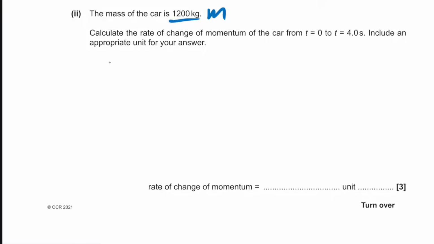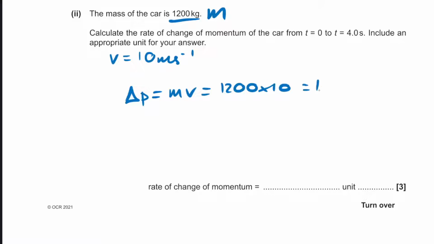Okay, so we know that the final speed was 10 meters per second. So we can just say change in momentum is equal to m delta v, because it's just going from 0 to 10. So it's just going to be that times 10. So just going to be 12,000.